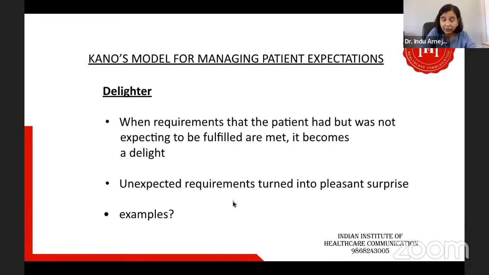But then, yes, decoration for the newborn. Yes, Dr. Moga, I agree with you. Recently, as I shared with you, my daughter delivered a baby boy in the month of February, and that's the reason why I am in the US. So as a delighter, they offer a photo shoot for the baby, right in the room. They will fix an appointment.